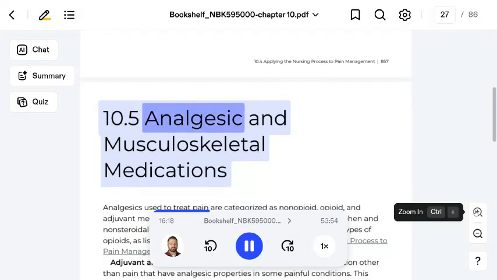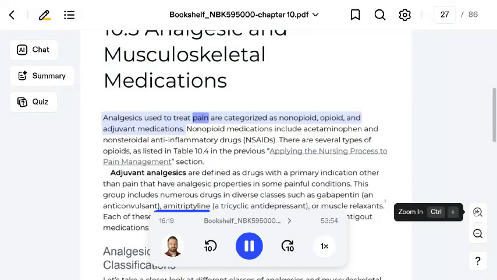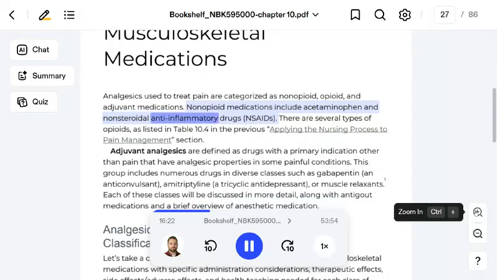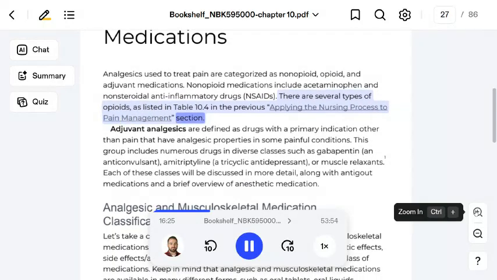10.5 Analgesic and musculoskeletal medications. Analgesics used to treat pain are categorized as non-opioid, opioid, and adjuvant medications. Non-opioid medications include acetaminophen and non-steroidal anti-inflammatory drugs. There are several types of opioids, as listed in Table 10.4 in the previous Applying the Nursing Process to Pain Management section.